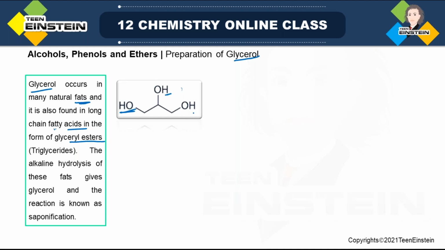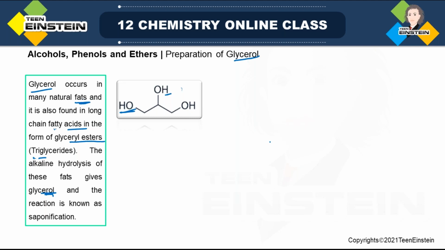So per glycerol molecule, 3 acid molecules can react because there are a total of 3 OH groups, right? So that is known as triglyceride. The alkaline hydrolysis of these fats gives glycerol, and the reaction is known as saponification.